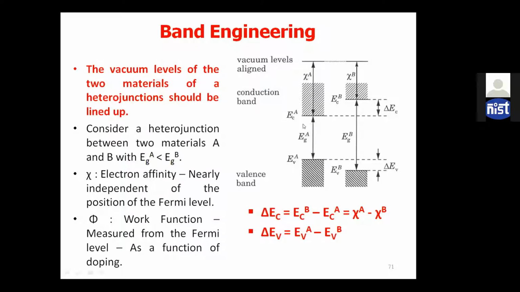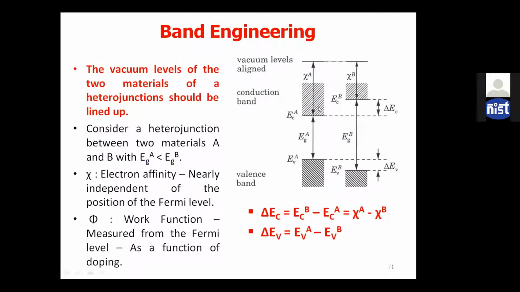Let us consider two materials, material A and material B. Material A has a low band gap EGA, and B has a higher band gap EGB. As their band gaps are different, there is a difference in the electron affinity, the gap between the vacuum level and the conduction band.